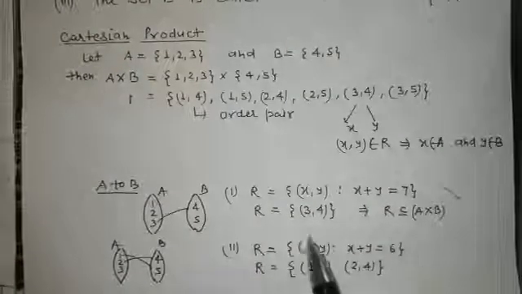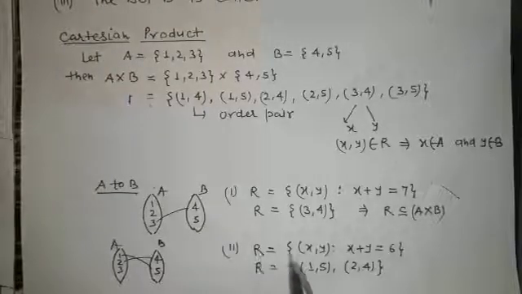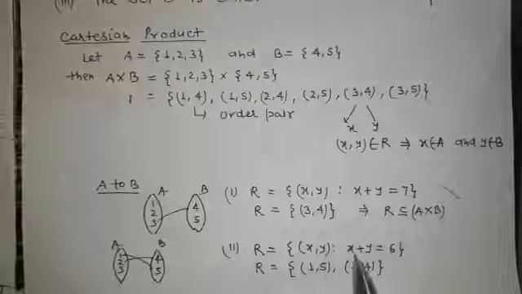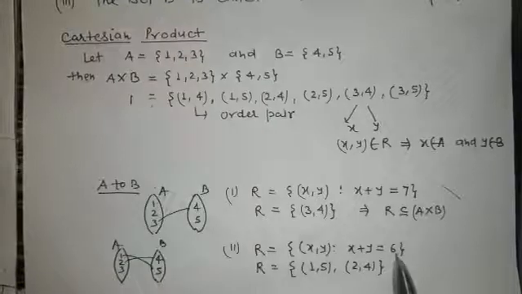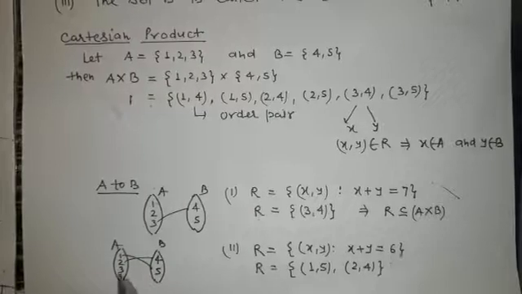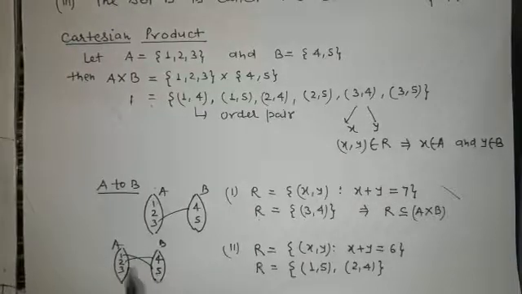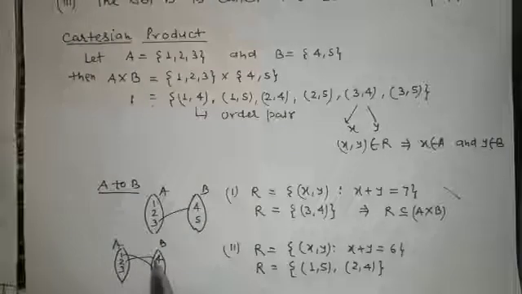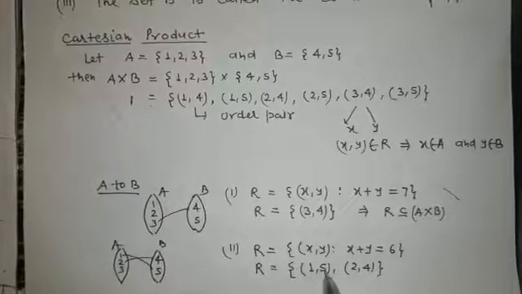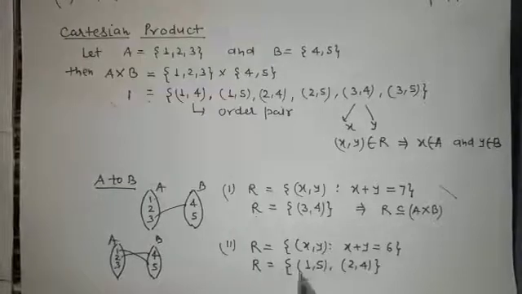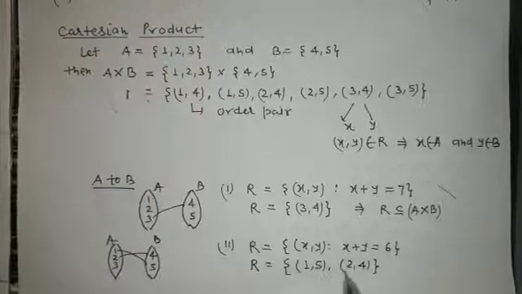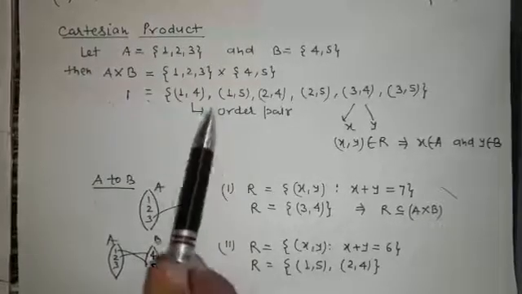Now second, let a relation R is equal to {(x, y) such that x plus y is equal to 6}. So 1 is related to 5 and 2 is related to 4. So (1, 5) and (2, 4) are already a subset of A cross B here.